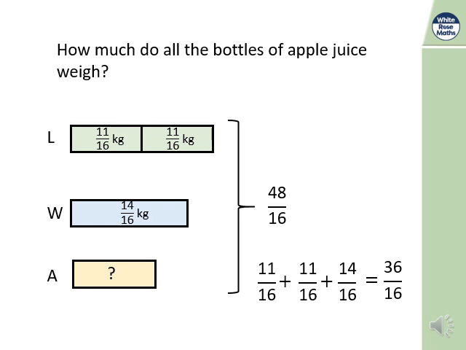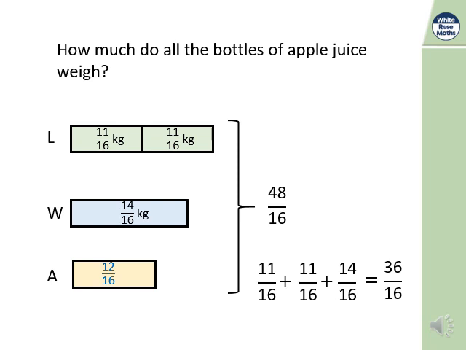Can we write that in a different way? That's an improper fraction. What would that be as a mixed number? We can see then by taking the 36/16 and counting up to 48/16, the 12/16 is what is left.